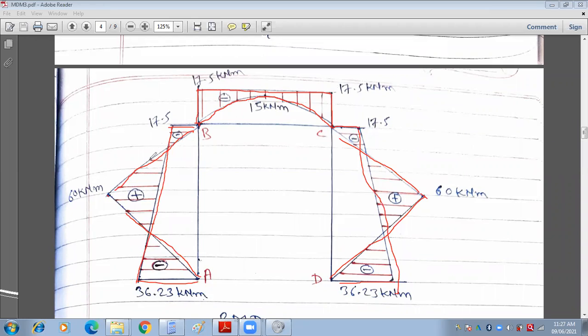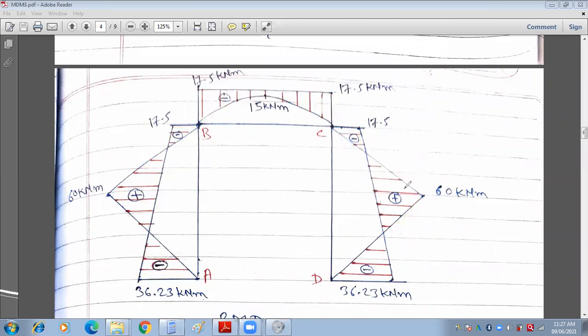Now here the uncommon portion, the hatch portion, shows the actual bending moment diagram of this portal frame, which carries whatever the loading. Here the UDL is there. For the vertical column, there is a point load, and this is nothing but the actual bending moment diagram of that particular figure.